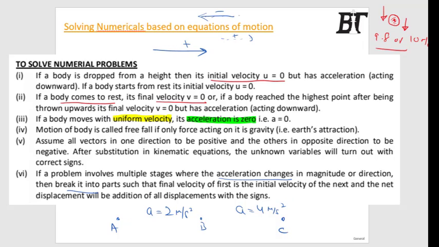We will not be able to solve the entire problem from A to C. What we need to do is break it down into two problems. Yes, solve first from A to B and then B to C. सारी equations of motion तुम A से B के लिए लगा सकते हो और फिर अलग से B से C के लिए भी लगा सकते हो.